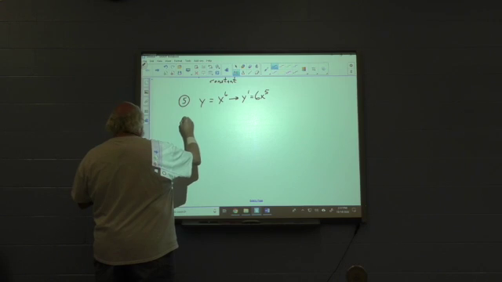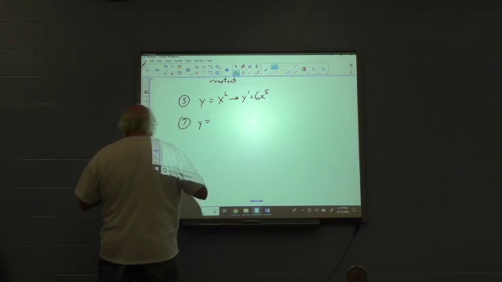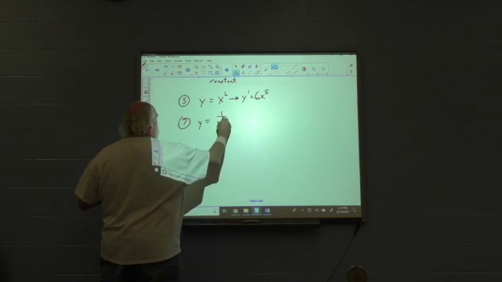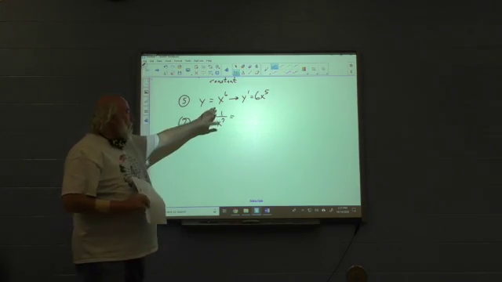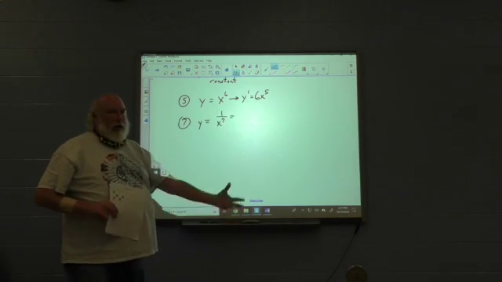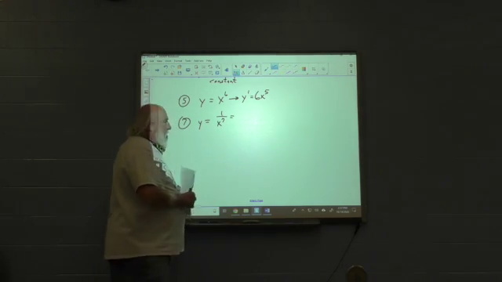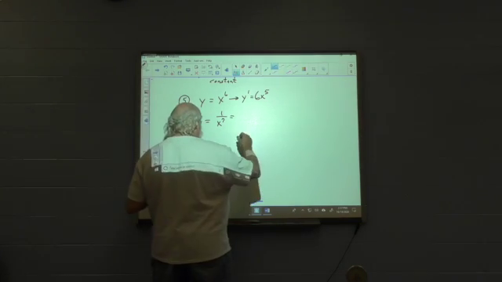Number 7. If y equals 1 over x to the 7th, we're going to rewrite that in this form right here, so we can see very quickly what can be done. When you have a positive exponent in the denominator and you put it in the numerator, that's going to become a negative exponent.